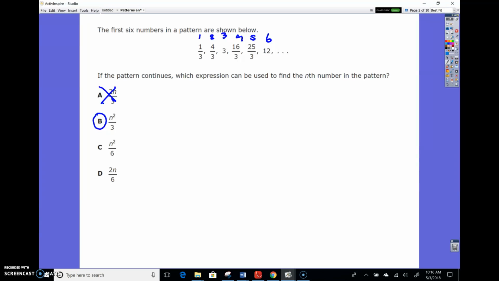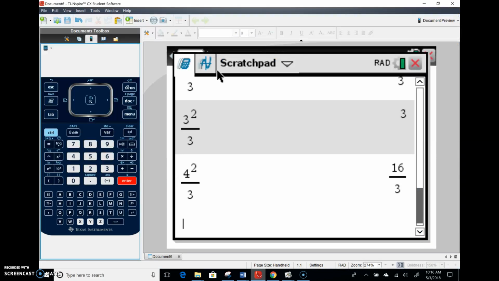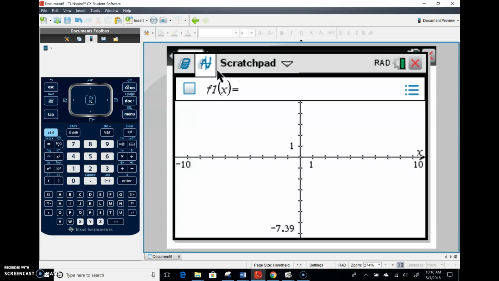The other way that you can do it, okay, is you can look for a decimal, 0.33, okay, 1.33, okay. You can change this to a decimal in your calculator. Okay, 16/3 would be 5.33, 25/3 should be 8.33. Okay, and then you can go to your graph, f of x.